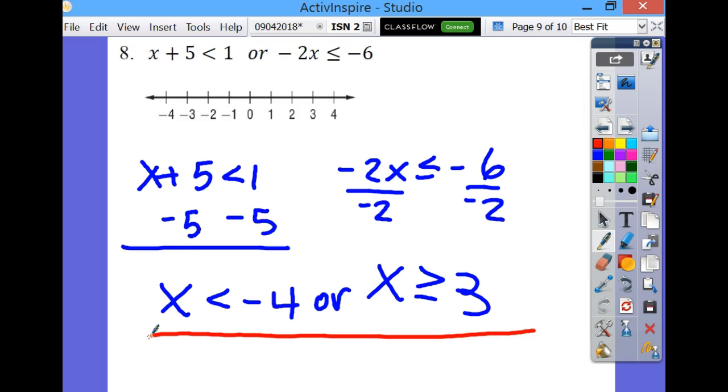You graph both of the parts. This part down here has a circle at -4. This doesn't have an or equal to, so it's an open circle and it goes that way. This has an or equal to, so I have a closed circle at 3, and this goes to the right. Do you think you can do this?